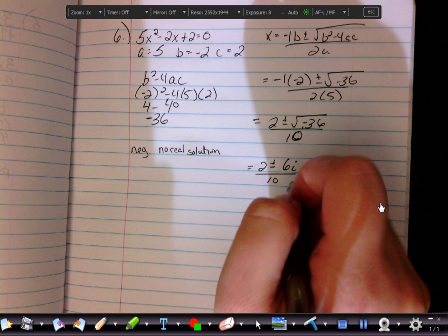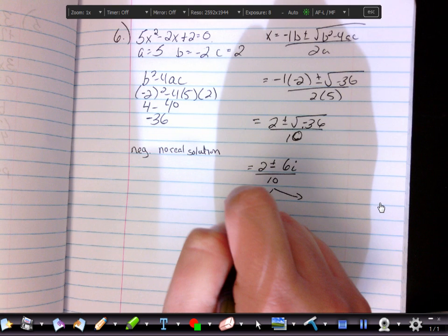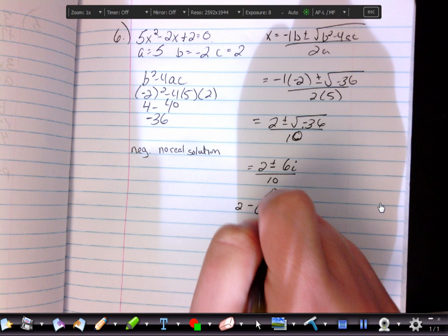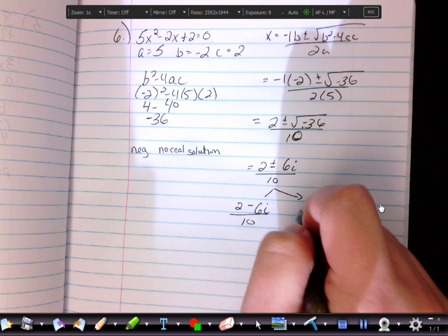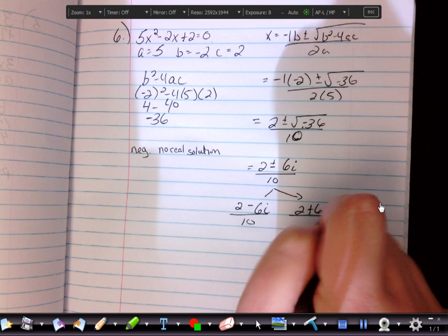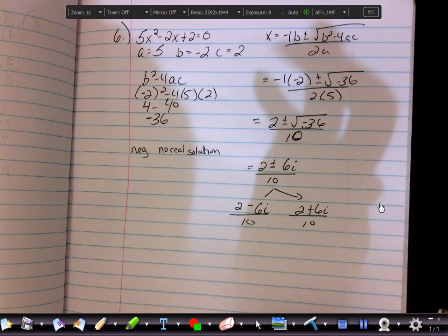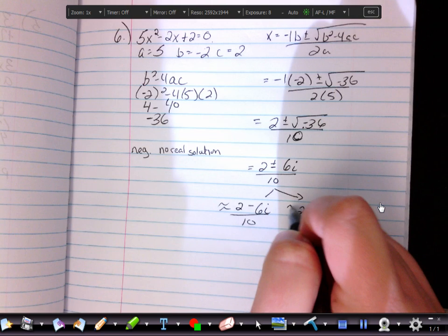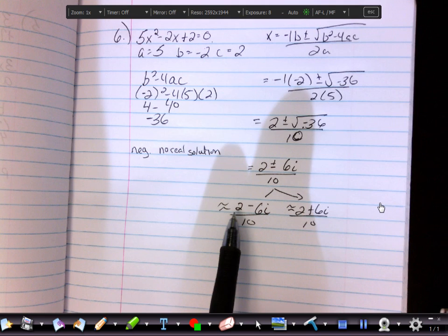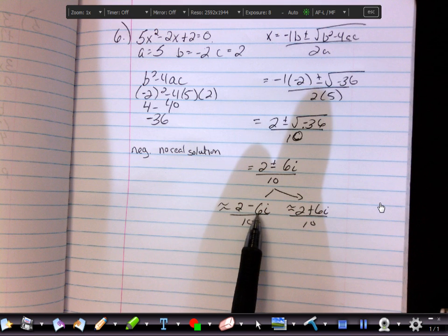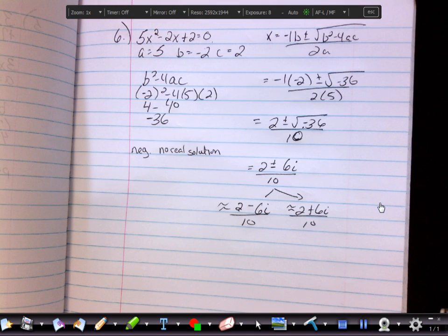So again, we're going to split this up, and we're going to say 2 minus 6i over 10, and 2 plus 6i over 10. Now, I can't actually put that in my calculator because it's not a real solution. It's an imaginary one. However, I can do a little bit here to reduce, because I notice that 2, 6, and 10 can be reduced here.